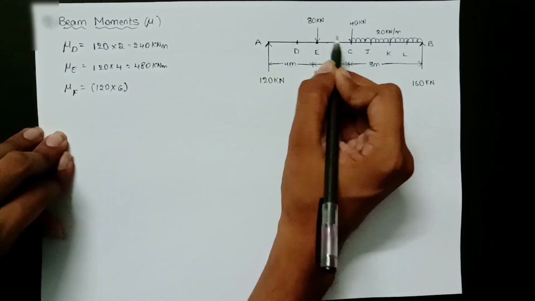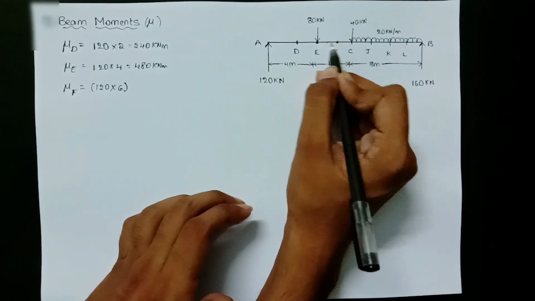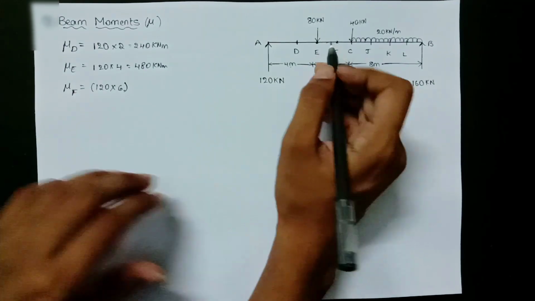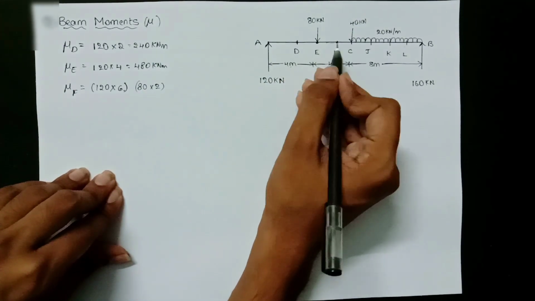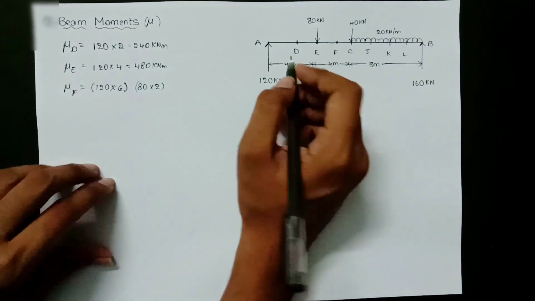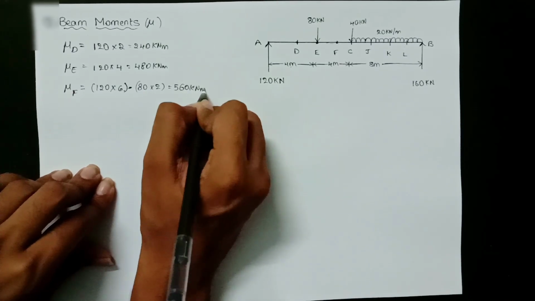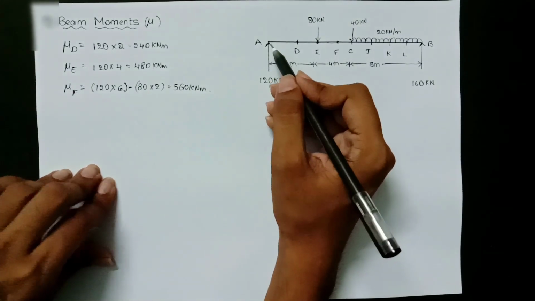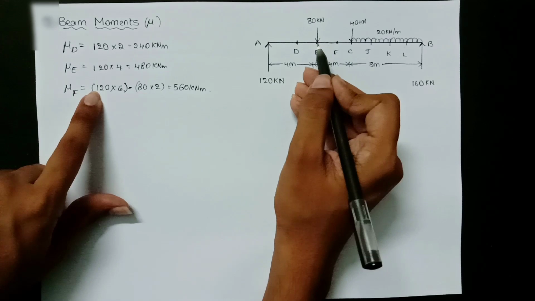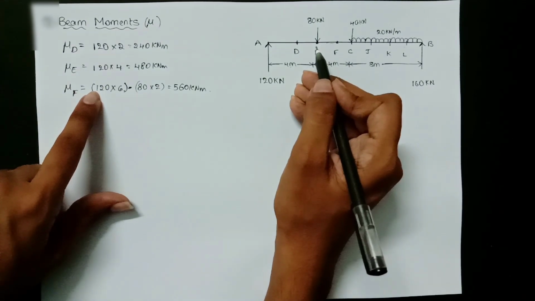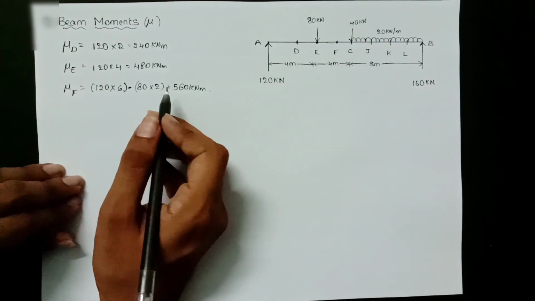Now there is also one load acting on the left side: 80 into 2. This load is moving the beam in downward direction, that means hogging moment, which is negative. Therefore the final moment is 560 kilonewton meter.